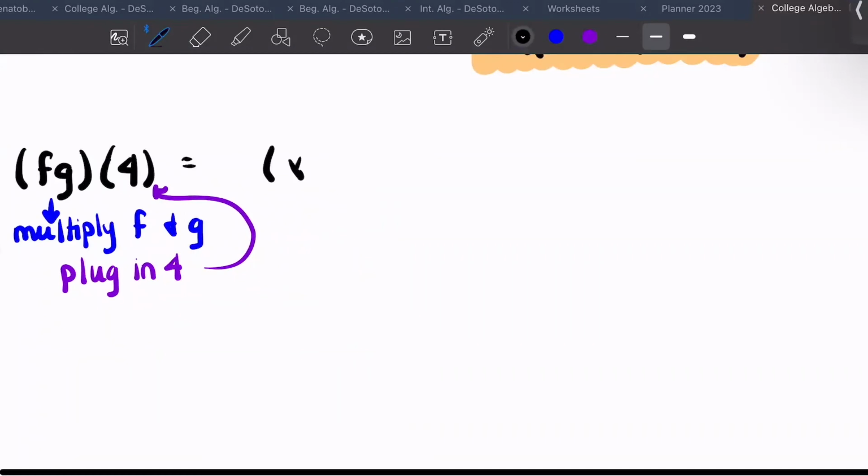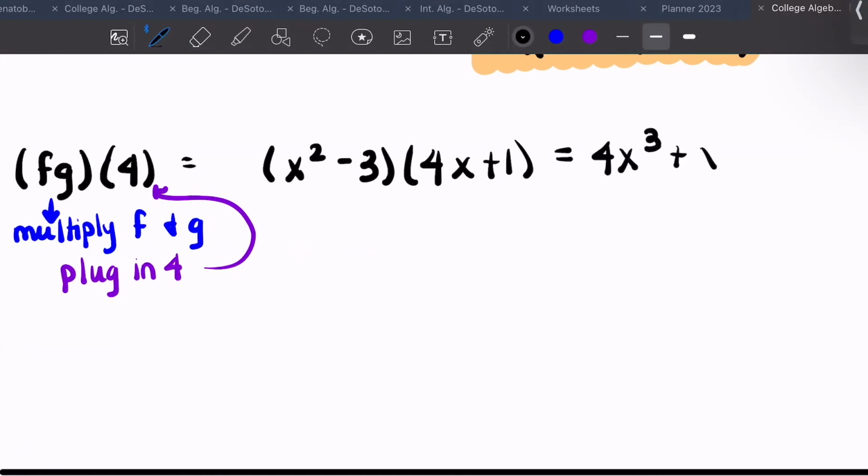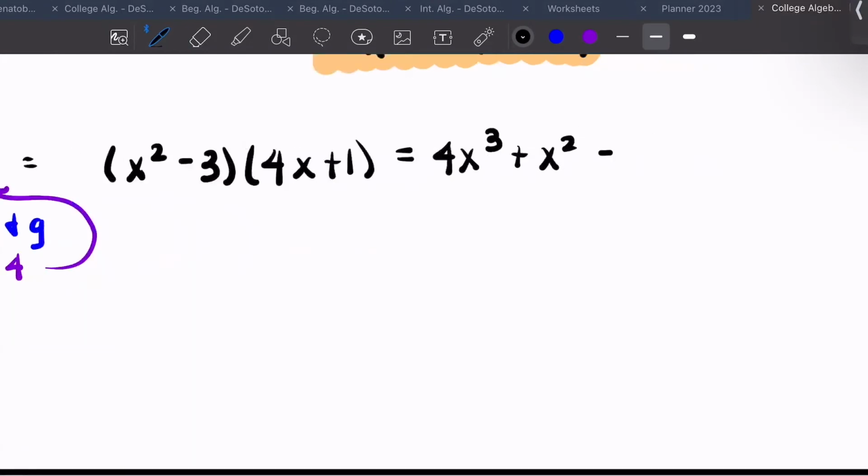So we'll get x squared minus 3 times 4x plus 1. So we're just going to FOIL that and get 4x cubed plus x squared minus 12x minus 3. Okay, so that is f times g of x.